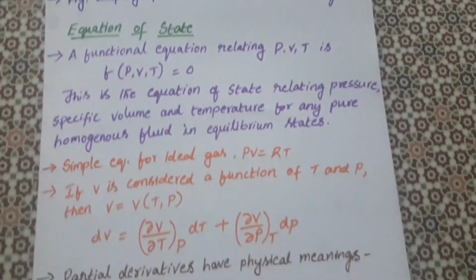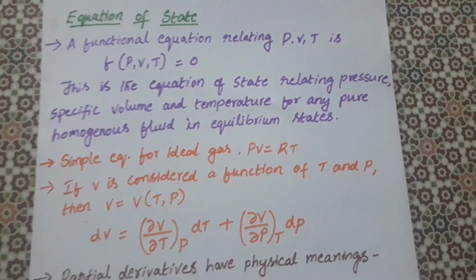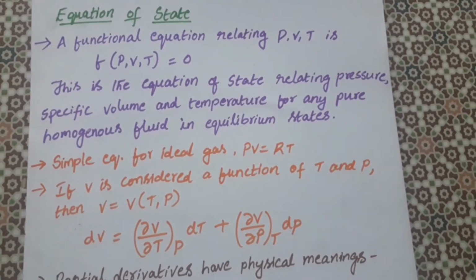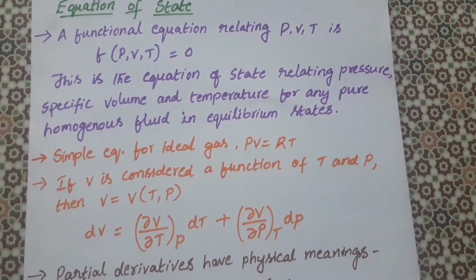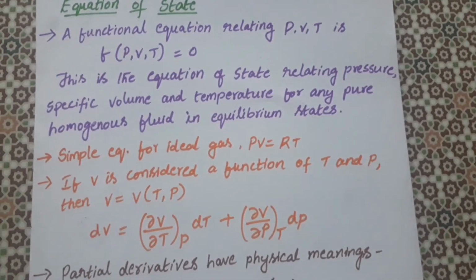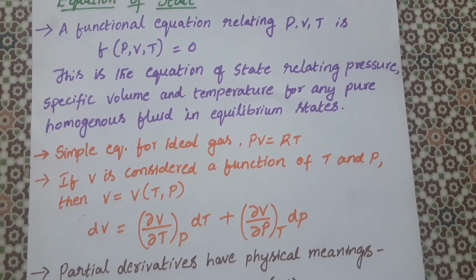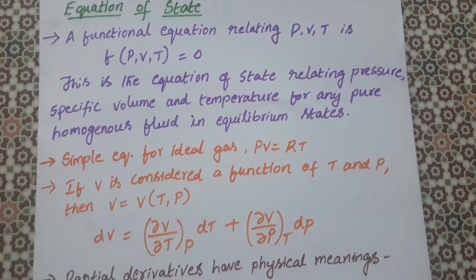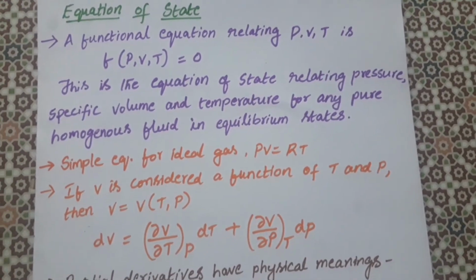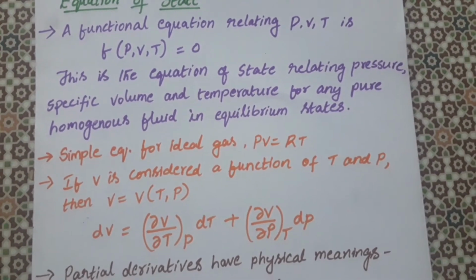Then the next topic is equation of state. An equation which relates all three properties, that is pressure, volume and temperature, is known as an equation of state. We can write a function of pressure, volume, temperature.